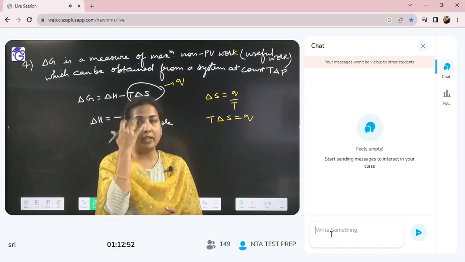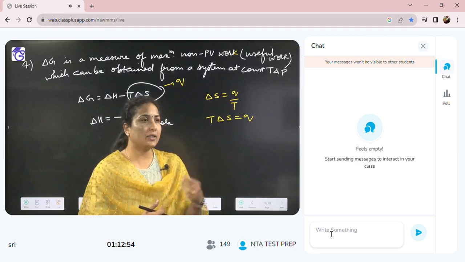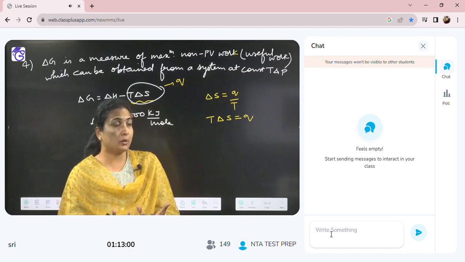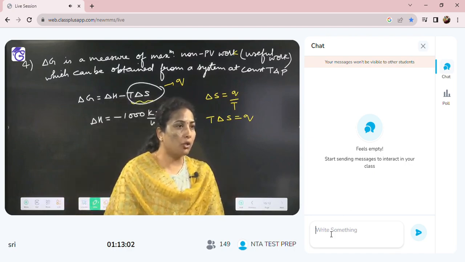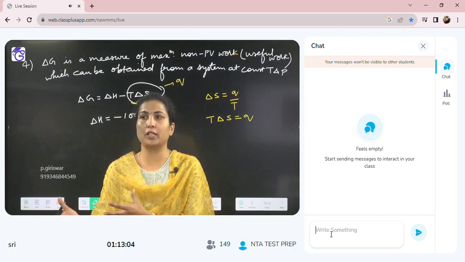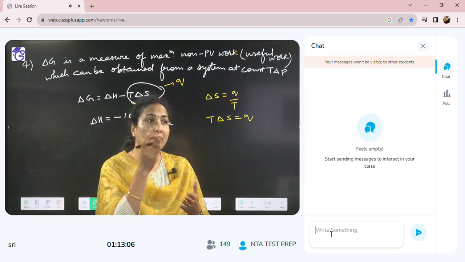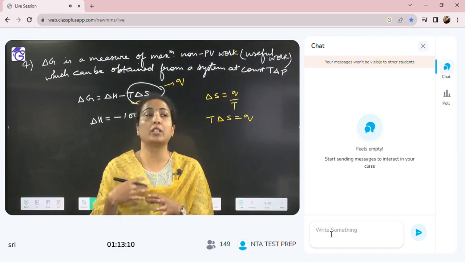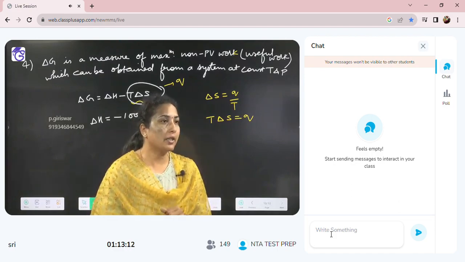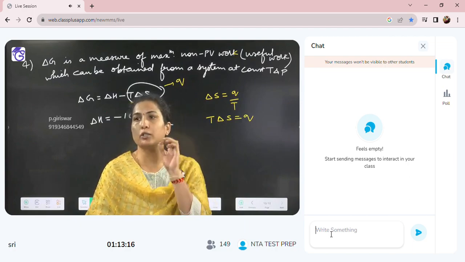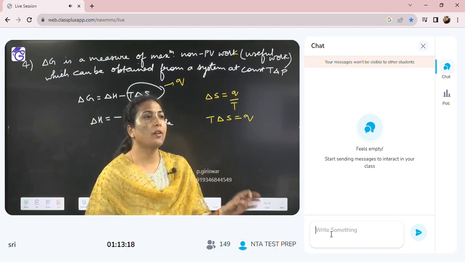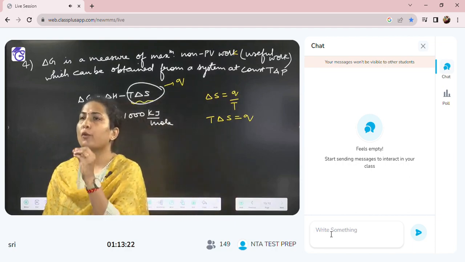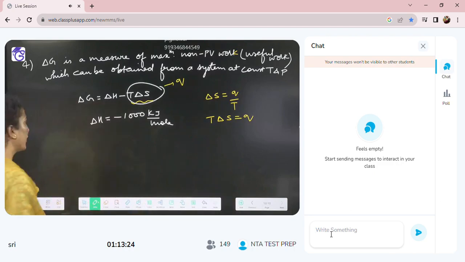If you see that Activa comes in a different size and shape, Jupiter is also different, and Vespa is a different model. That doesn't mean it is just for beautification, because automobile engineers take care of all those things, of what design will help in increasing the efficiency, right? So are you able to understand this part? So simply remember, delta G is a measure of maximum non-PV work or maximum useful work which you can draw from any system at constant temperature and pressure.